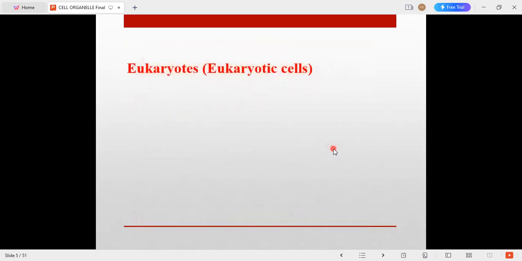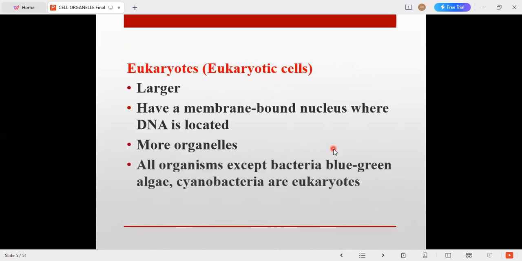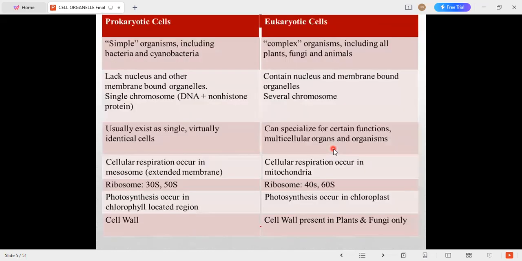eukaryotic cells. On the other hand, eukaryotic cells are larger and have a membrane-bound nucleus where the whole DNA is located, and they contain more organelles than prokaryotic cells. All organisms except bacteria, blue-green algae, and cyanobacteria are eukaryotes.